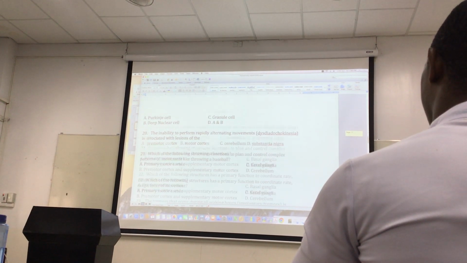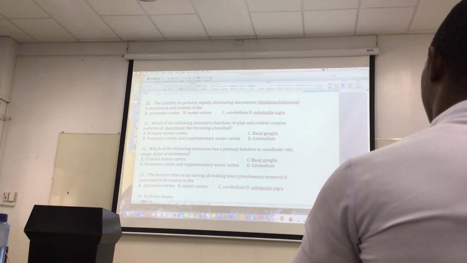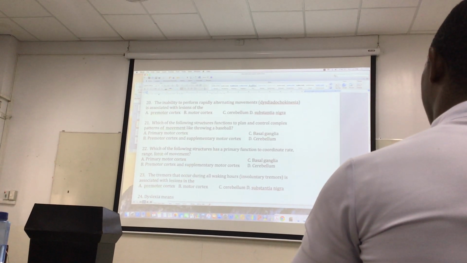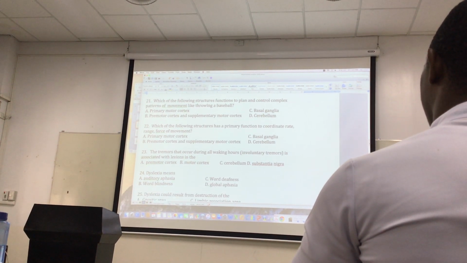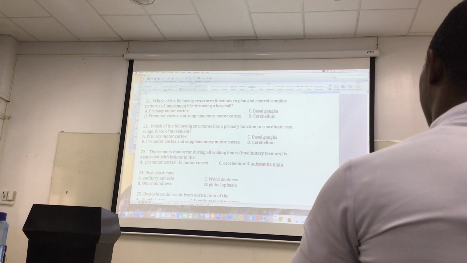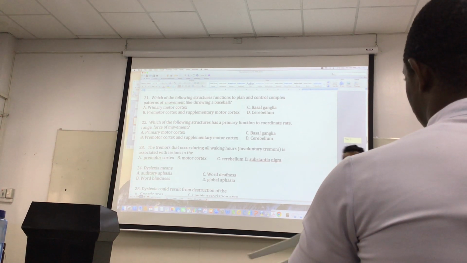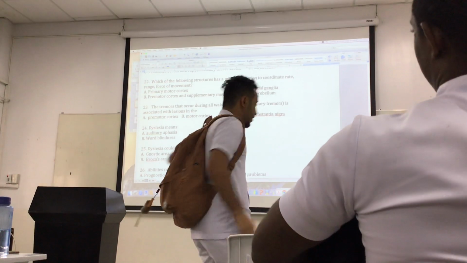Functional unit of the cerebellum? Purkinje cell to deep nuclear cell. Okay, dysdiadochokinesia is associated with lesion of the cerebellum. Which part of the brain is for planning and controlling complex patterns of movement? Basal ganglia. Which part also functions to coordinate rate, range, and force of movement?